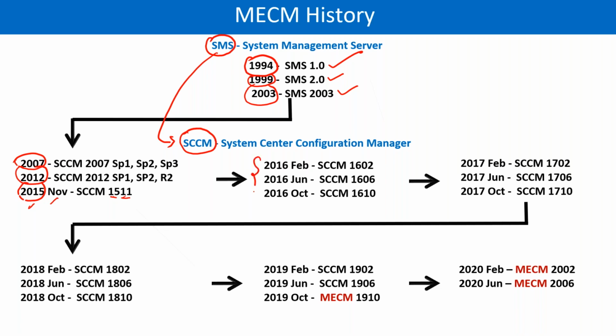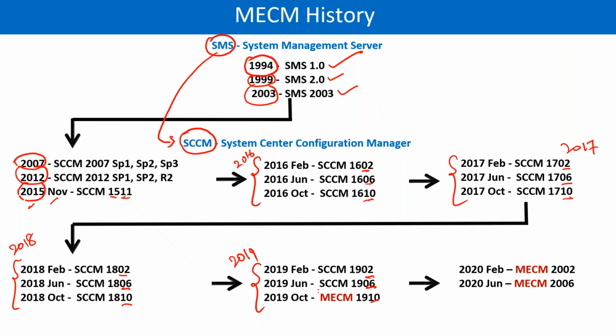These are the three versions released in the year 2016, like February, June, and October. These three versions released in the year 2017, February, June, and October. These three versions released in the year 2018, February, June, and October. These three versions released in the year 2019, February, June, and October.